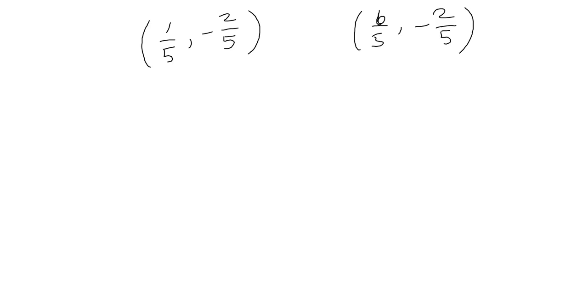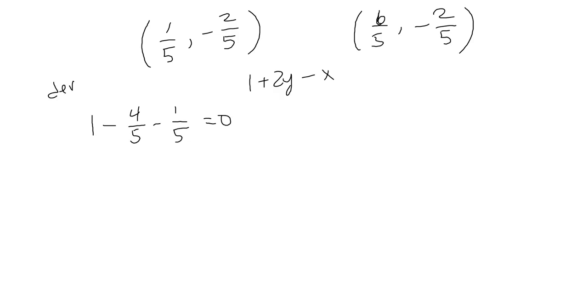If we check those both in the denominator, I guess, first. The denominator of my derivative was 1 plus 2y minus x. Well, if I do that with this one over here, the 1/5 and the negative 2/5, I get 1 plus a negative 2/5 times 2, so that'd be 1 minus 4/5, and then minus 1/5, which equals 0.